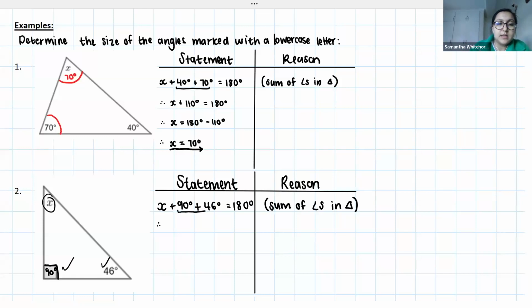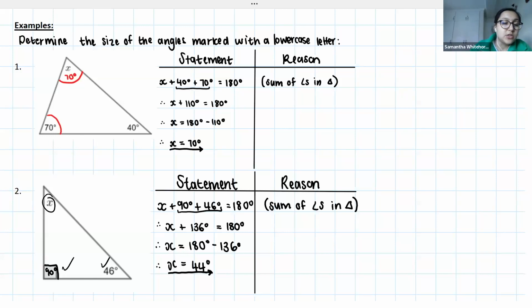Again, 90 and 46 are like terms. So x plus 136 degrees equals 180. Inverse operations tells me that I'm going to have to subtract 136 on both sides. So 180 minus 136, and so x is equal to 44 degrees.